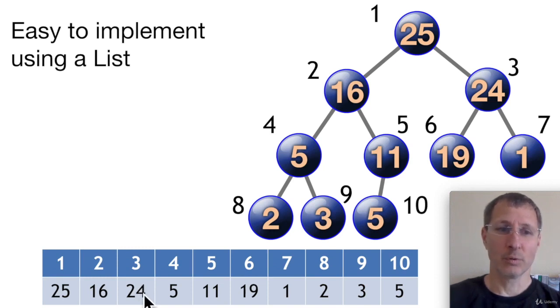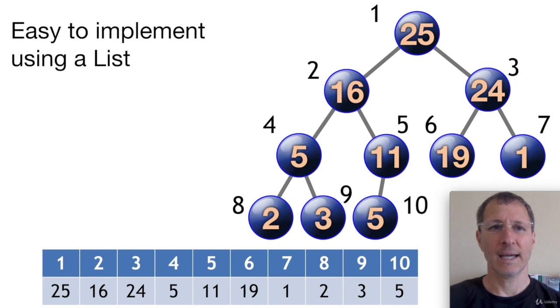Well, because our rule is that 16 has to be greater than everything below it on the tree, which it is. So our condition is met. This is a max heap. 16 does not have to be greater than 24. We didn't say greater than everything behind it on the list. No, on the tree. So this is a valid max heap. Okay? And that is how it is implemented in the list using these list indices.